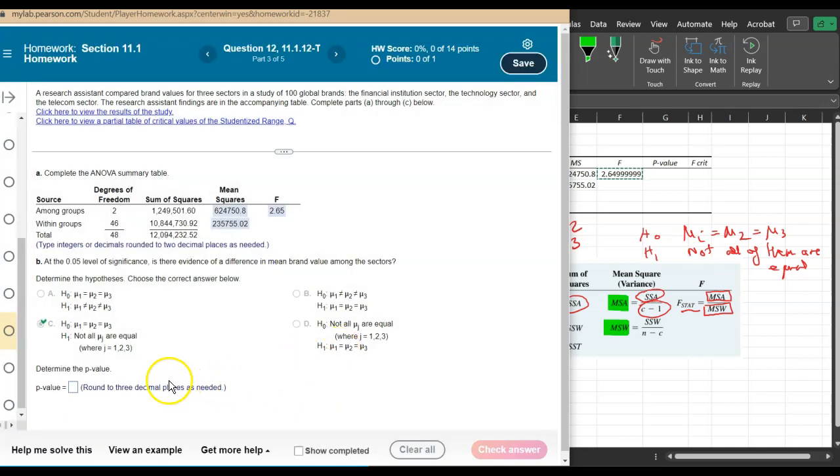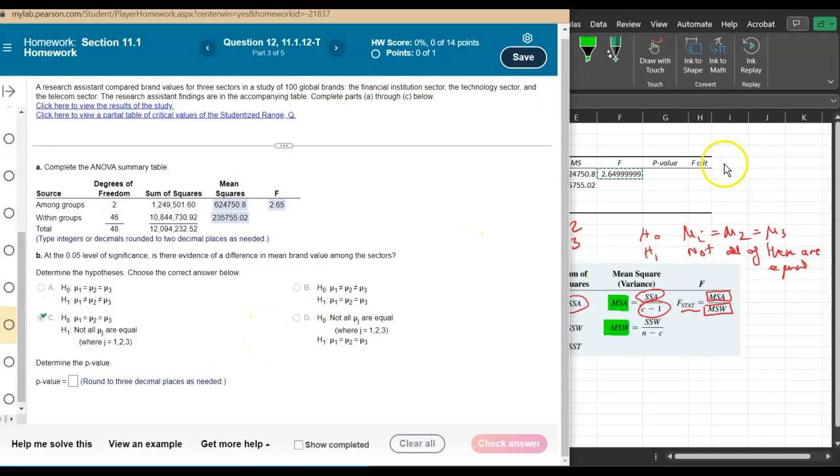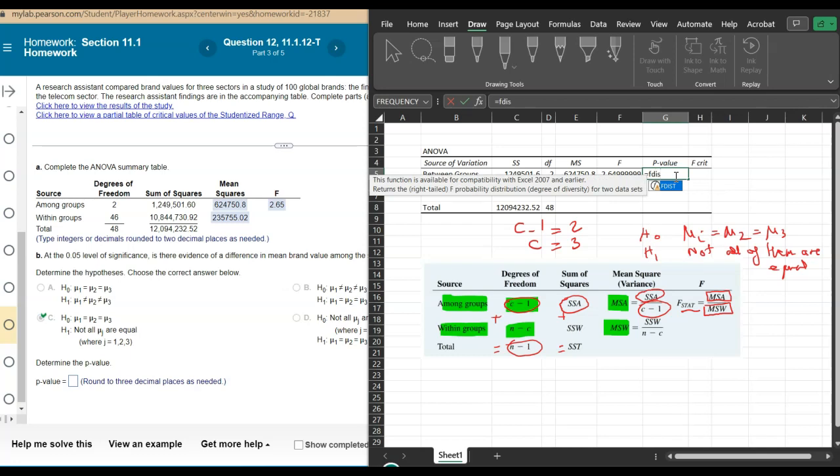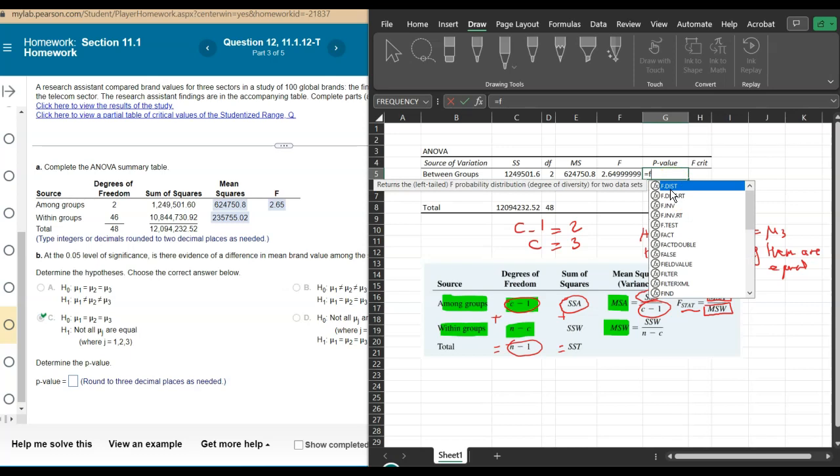Now we are looking for the p-value. How do you get it? There is a function in Excel. If you have the F value and degrees of freedom, it will give you the p-value, and that function is equal sign F distribution. Be careful: you have F.DIST, but you are not selecting that one. It has no dot in between, so don't make that mistake.